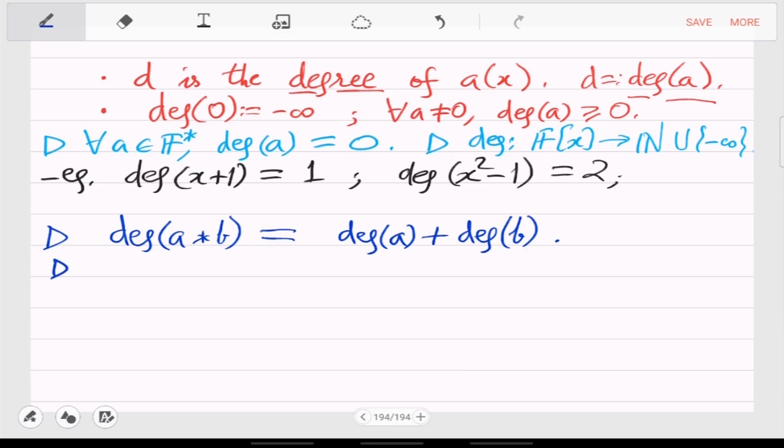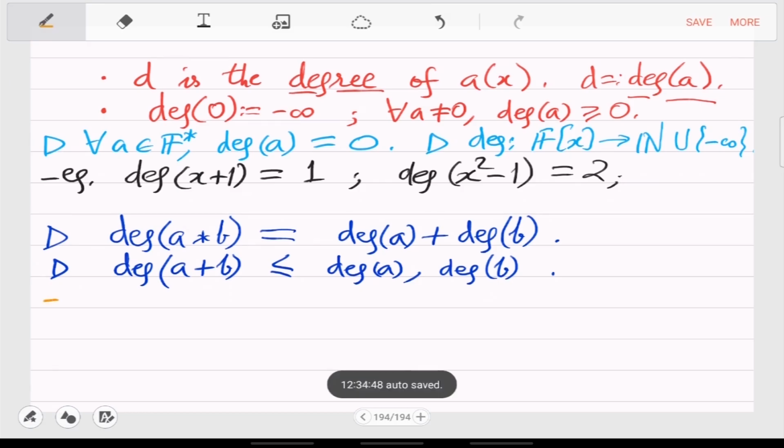What can you say about the sum? For the sum there is no such nice formula, but you can check that the degree of A plus B is less than or equal to the maximum of degree of A and degree of B. That's all you can say. Is there an example where it's strictly smaller than both?